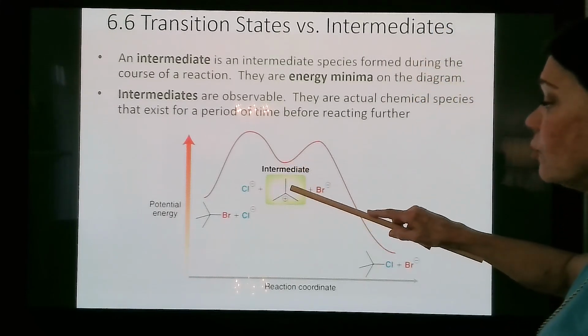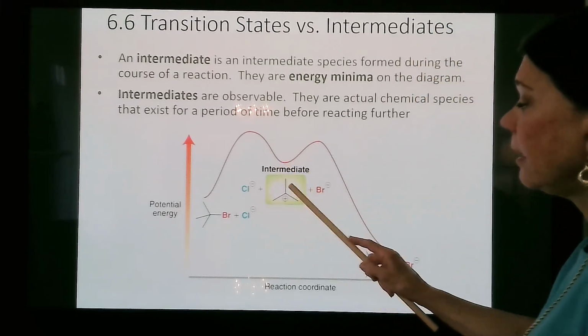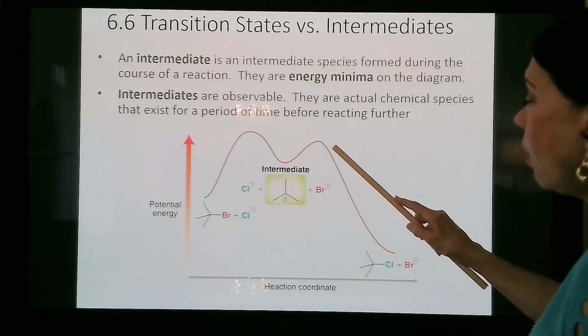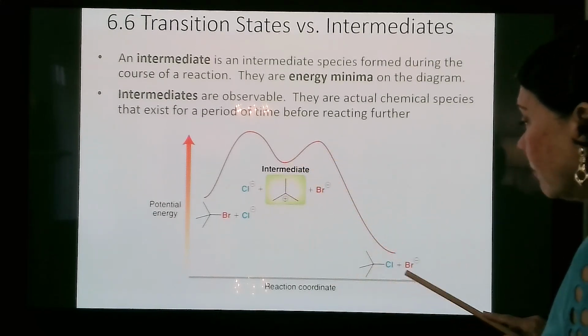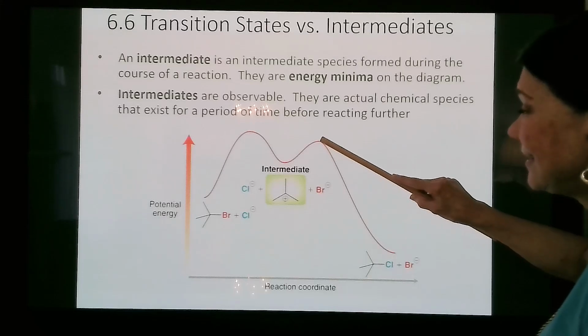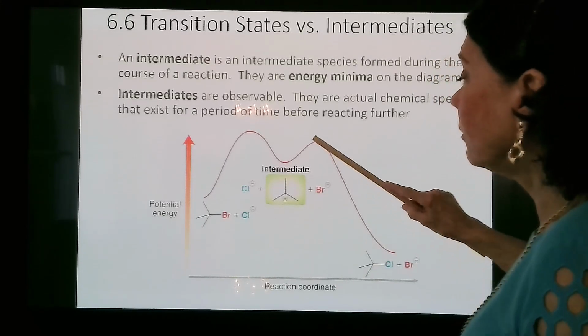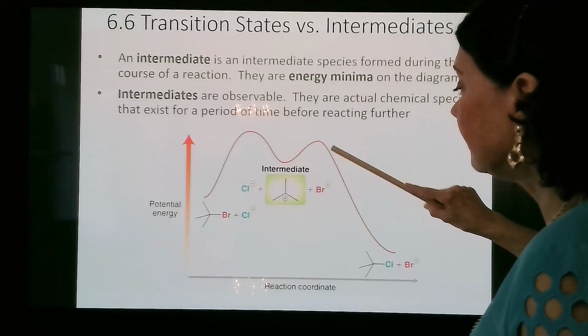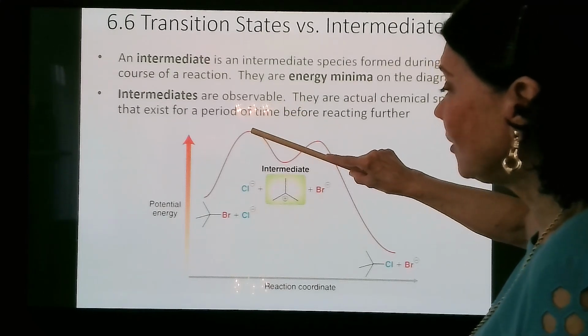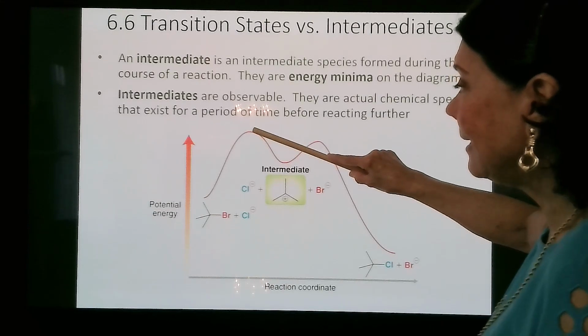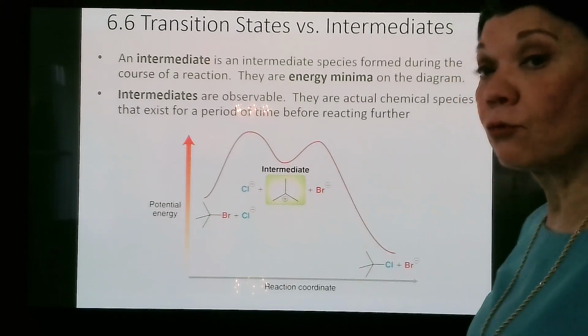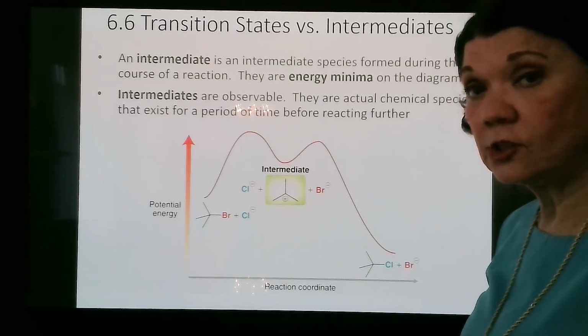Now this intermediate and chloride will react and go on through the reaction and form the products. So this is a second transition state structure here. Notice it's also an energy maximum, but this is the important transition state. This is going to be the rate determining transition state.